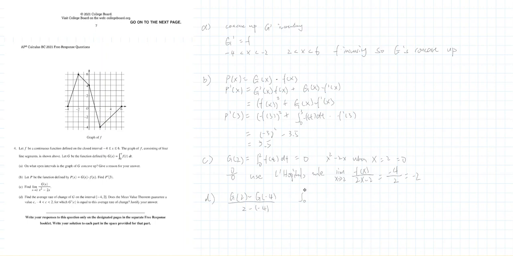It's the integral from 0 to 2 of f t dt minus the integral from 0 to -4 of f t dt, over 6, which will give you 16 over 6, which is equal to 8 over 3.